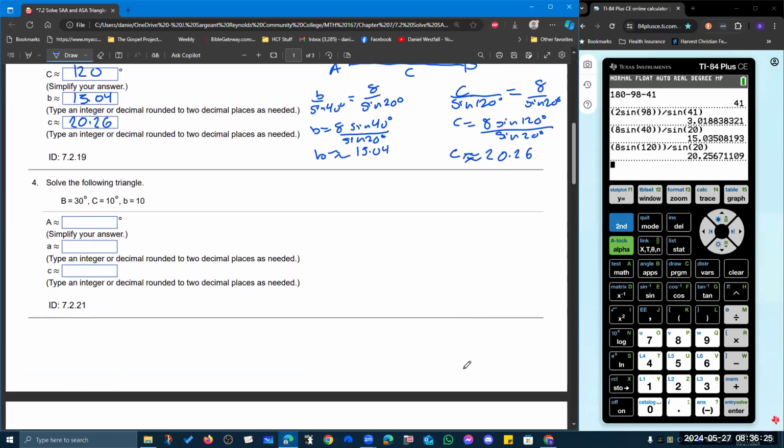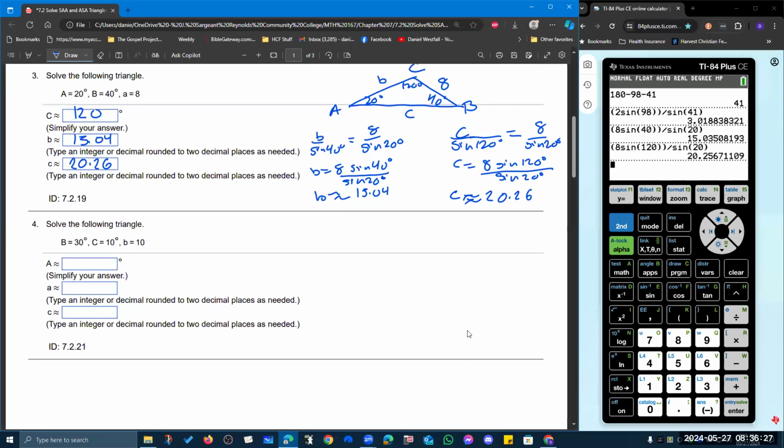Right? We've got another triangle to solve here. So B is down here, is 30 degrees, and the side across from it is 10. And then they give us angle C down here is 10, meaning angle A is 180 minus 40, which is 140. What's left up here?